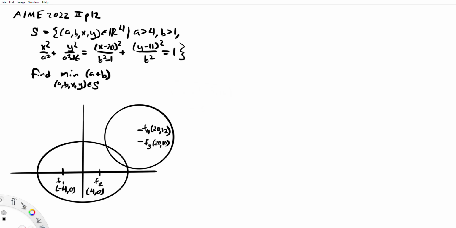And now, what's one important thing that we know about ellipses? You should know that the distance from any point on the ellipse to its foci, or rather the sum of those two distances, should equal twice the length of the semi-major axis.